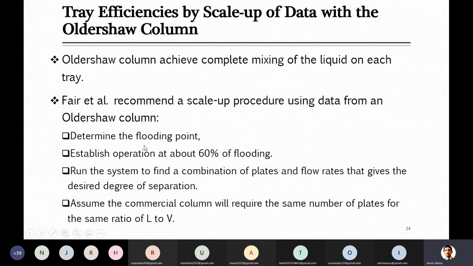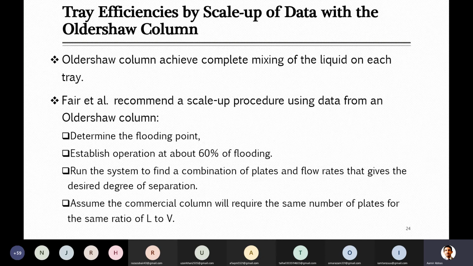The same method can be used to determine the flooding velocity in this small size column. When you have determined it, you have to operate at 60% of the flooding when designing your own column for a large scale application. Then run the system at 60% of the flooding point to find a combination of plates and flow rates that gives the desired degree of separation.